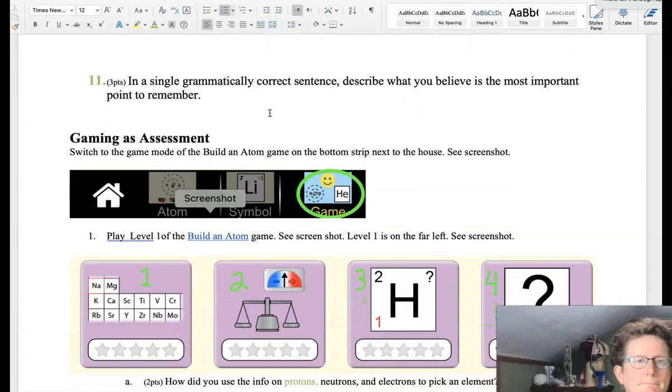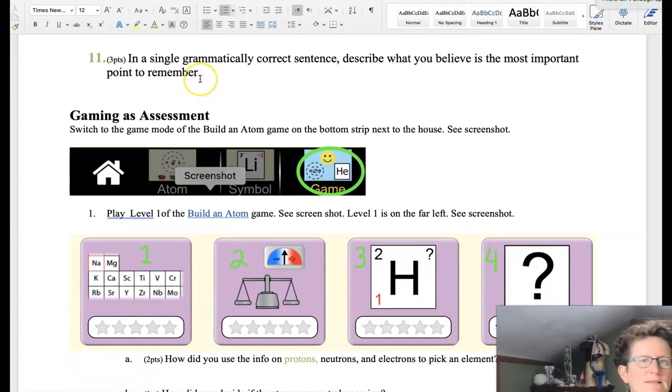In a single grammatically correct sentence, describe what you believe is the most important point to remember from questions 1 through 10. You might want to say something about ions. You might want to say something about how to calculate the atomic mass, or what particle is the identity or the Jersey number of the atom.